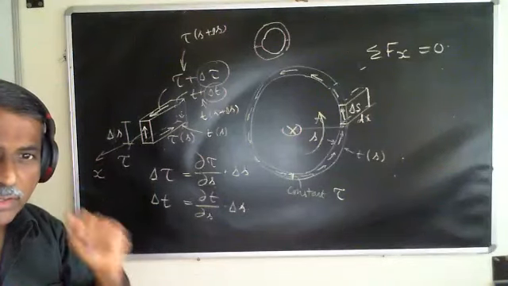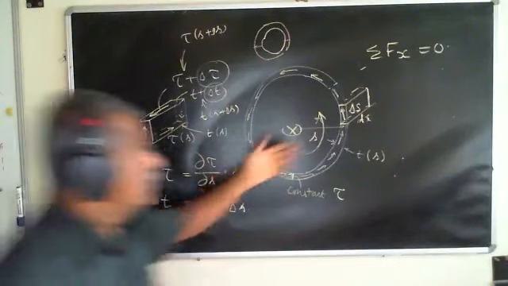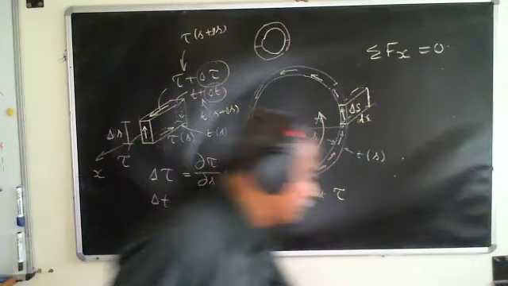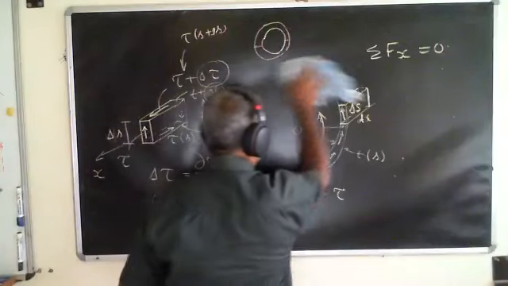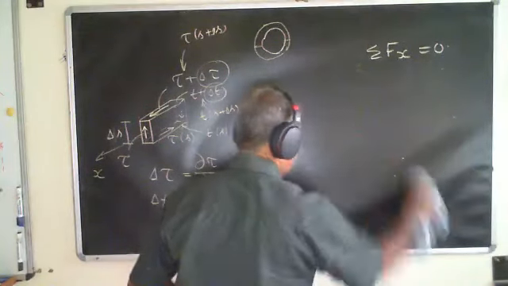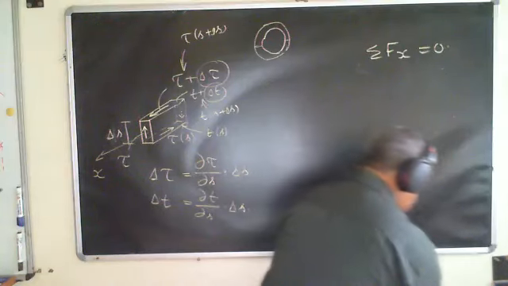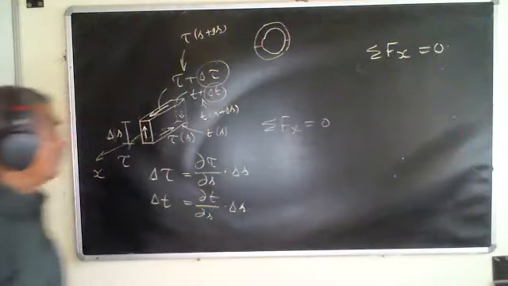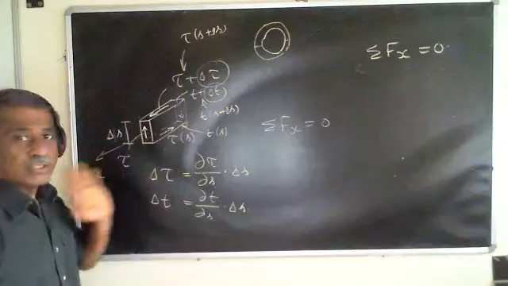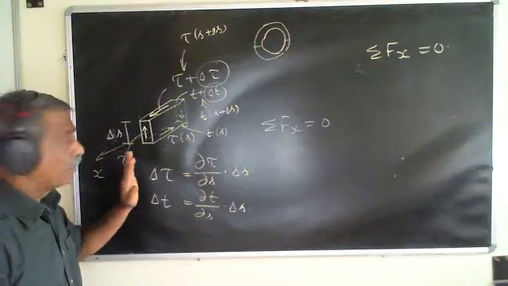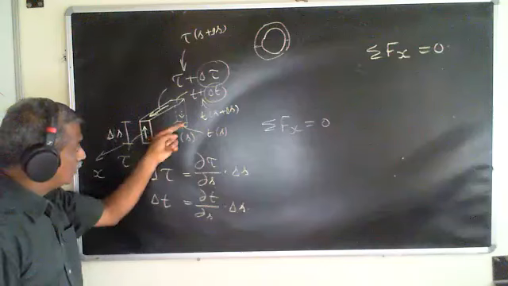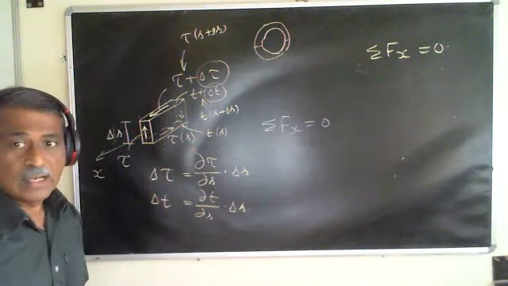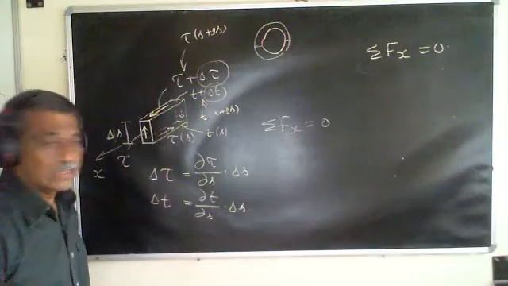Can you quickly on your notebook write down what this would give? What would sigma f of x give you? Well, here there are only two forces that are taking part, which is due to this tau s, and which is due to this tau at s plus delta s, right?